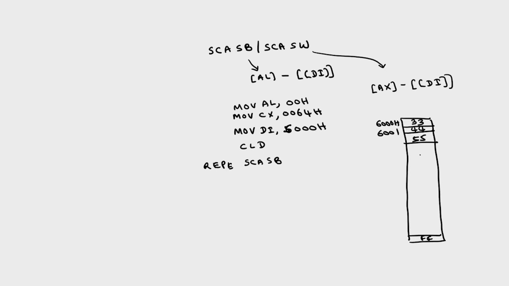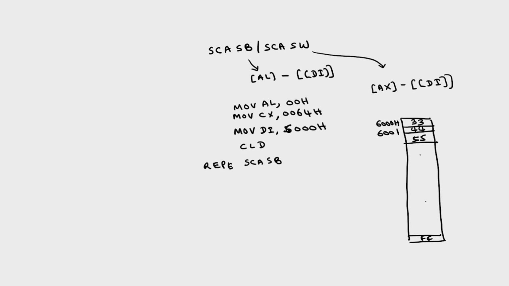That is the difference. If I write repeat not equal, then all the 100 comparisons will be performed if no data here is 00. If any data is 00, then again it will quit this operation. If any 00 is there, it will stop at that particular point.